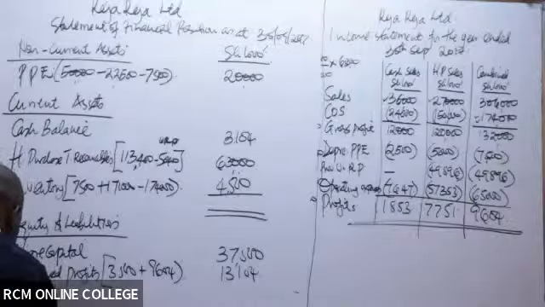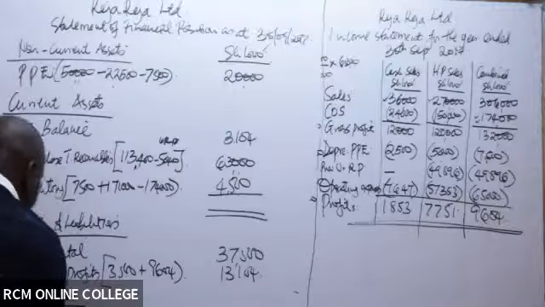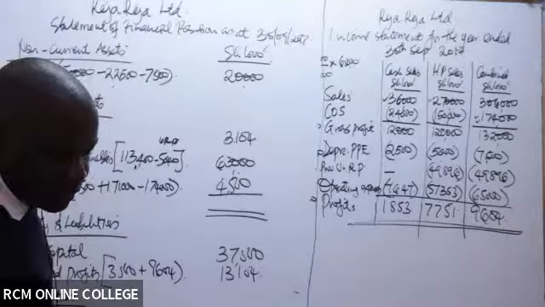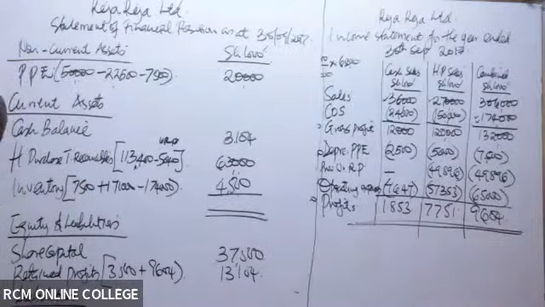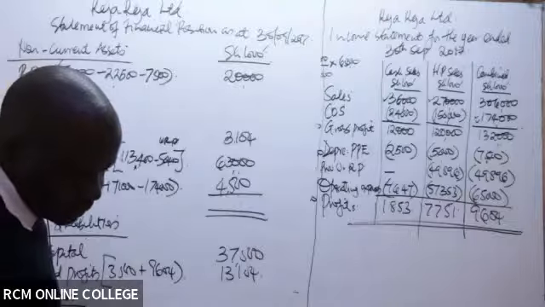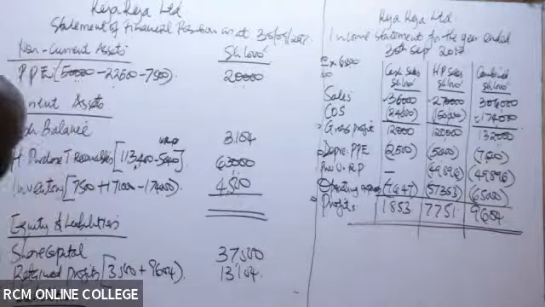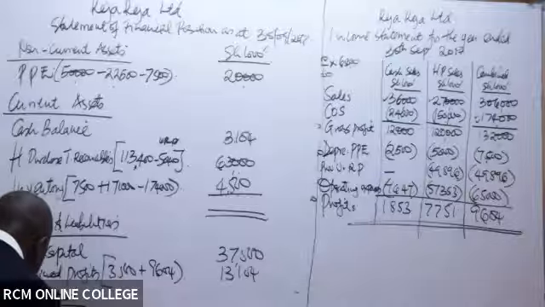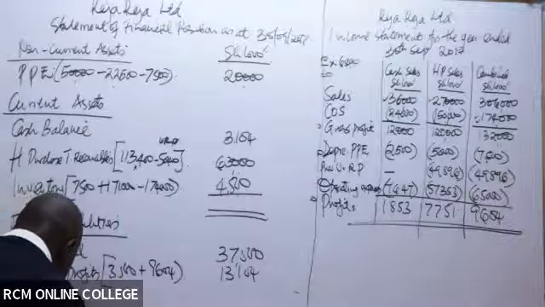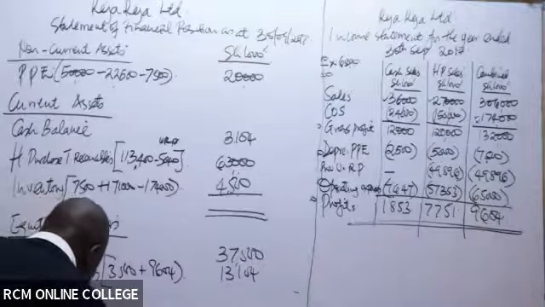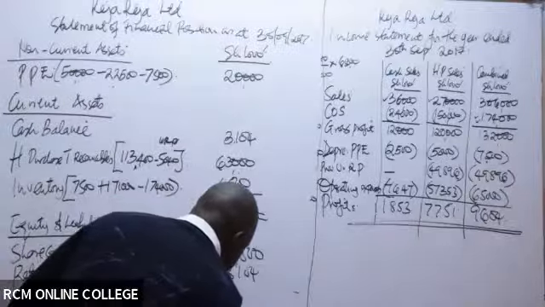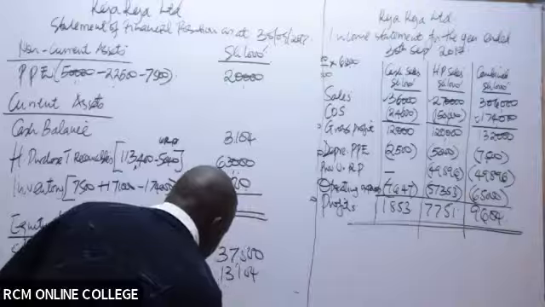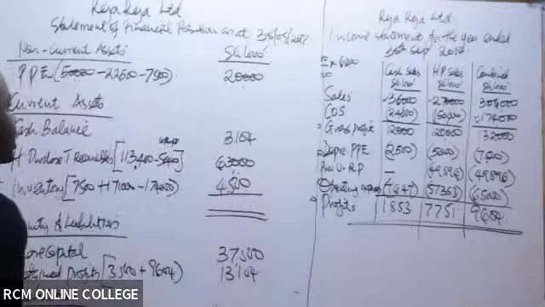So we'll have the liabilities. For the liabilities, you can check the trial balance for any item on the credit side that sums up to be a liability. If you look at the credit side, you have trade payables, which is an amount of 40,000.